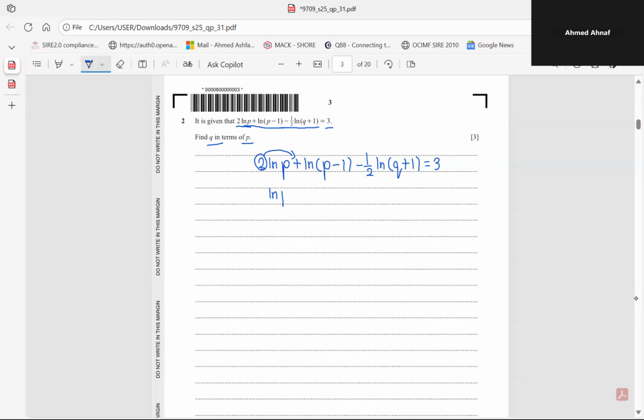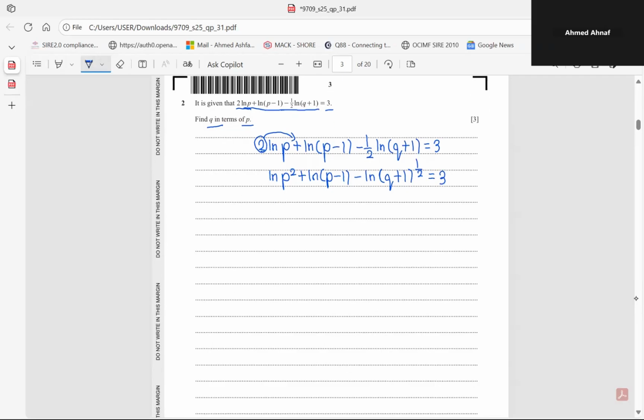Let's leave the middle term like it is. We'll do the same thing for this half: we'll move it over and make it a power of q plus 1. So this would be minus ln (q plus 1) to the power of half equals 3.